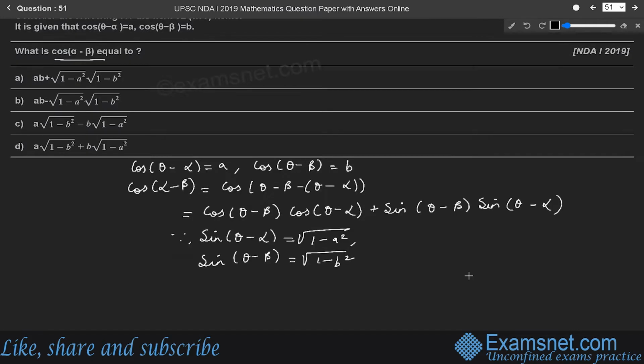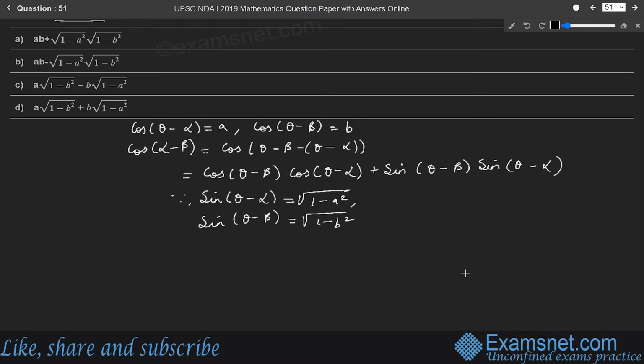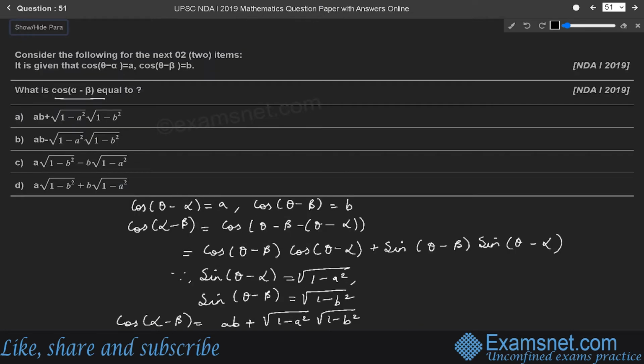So putting the values here, we will get cos(α − β) is equal to ab + √(1 − a²) √(1 − b²). So this is the correct value for cos(α − β). Therefore the correct option for this question is option number A.